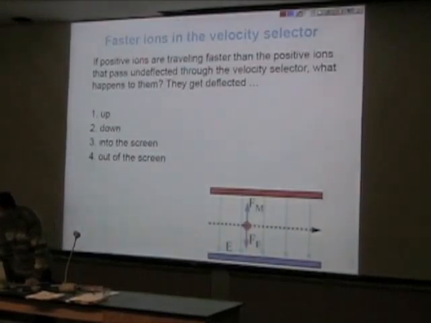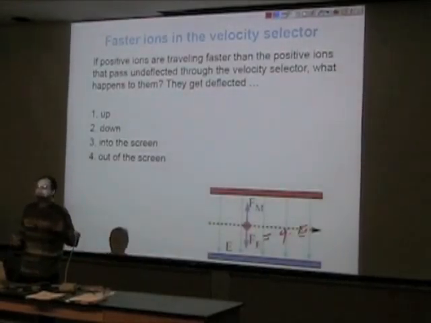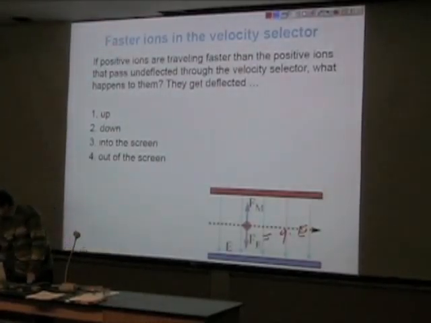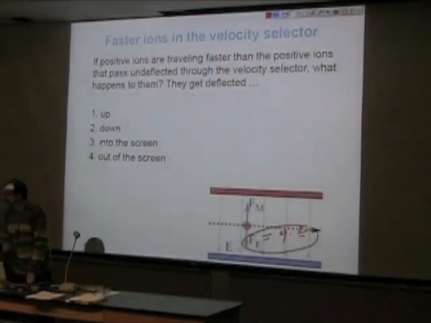So here, we know that this force, which is equal to charge times field, is not related to the velocity at all. So by changing the velocity, we do not change the electric force. Only this force has a magnitude related to velocity.